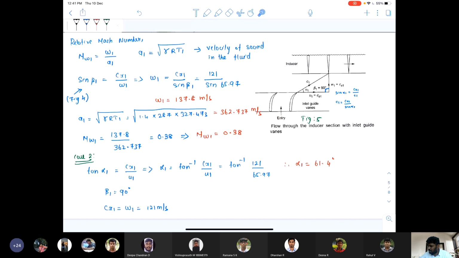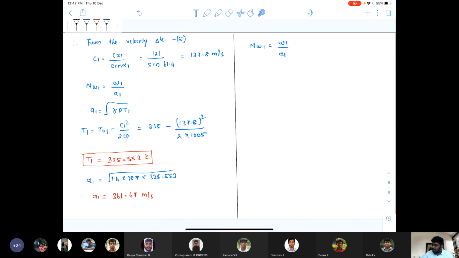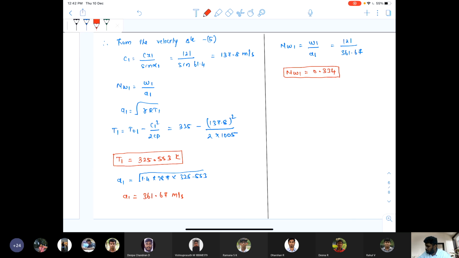The value of Cx1 we found is 121. Substituting W1 as 121 divided by 361.67, you can find the relative Mach number as 0.334.